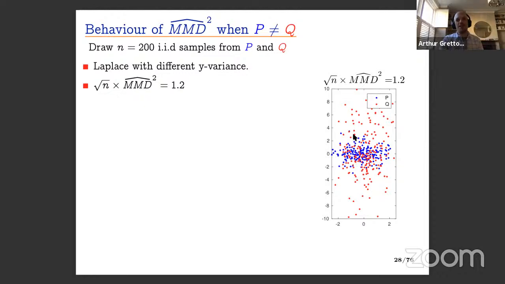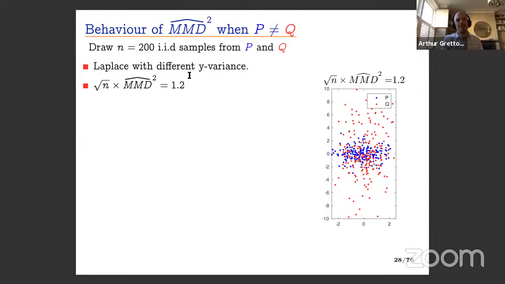These sets of points are drawn from 2D Laplace distributions, and you can see that the distributions are different. So red and blue are indeed from different distributions. I've drawn 200 points from P, 200 points from Q, and I've computed the squared MMD multiplied by the square root of the number of samples, for reasons I'm going to get to later. From these 200 samples of P and Q, I've got an MMD of 1.2.